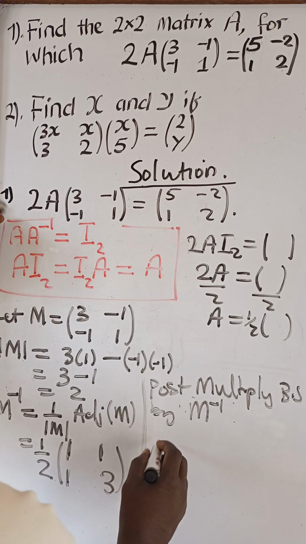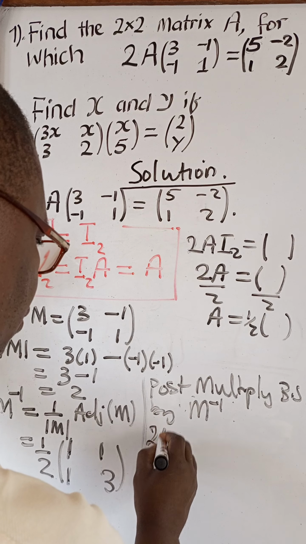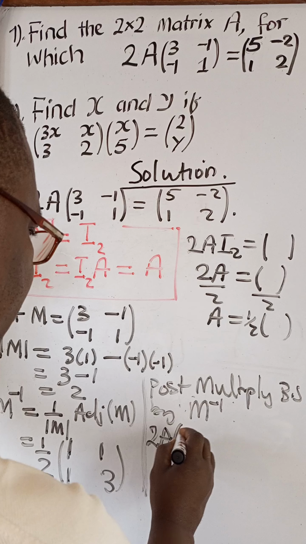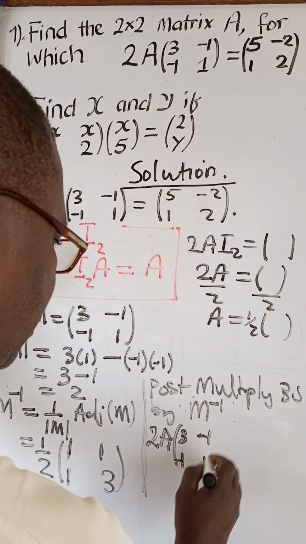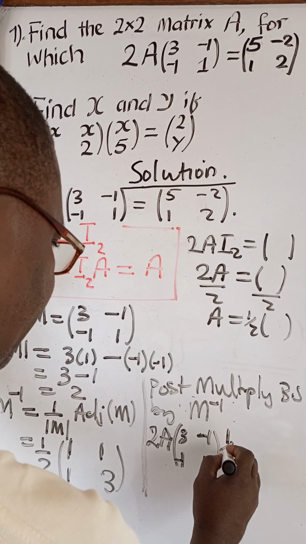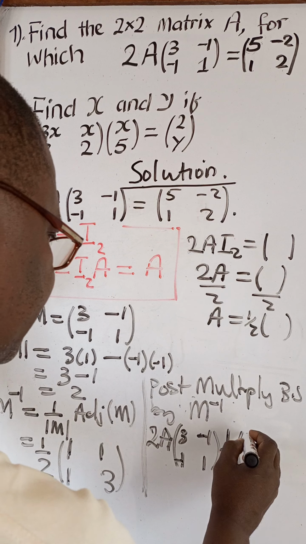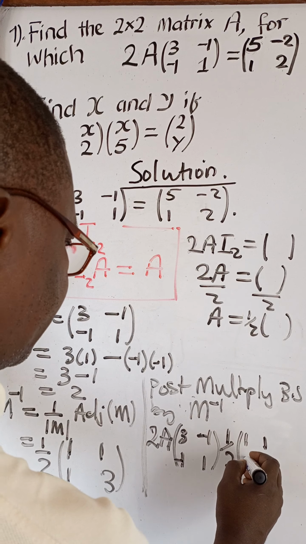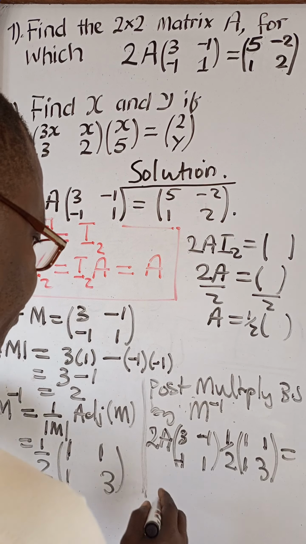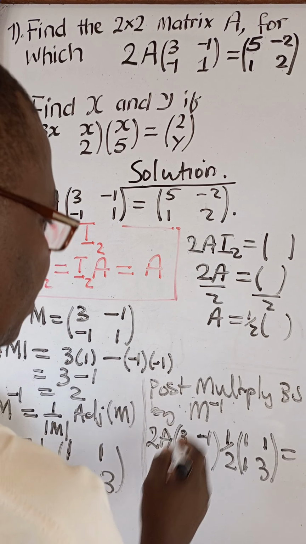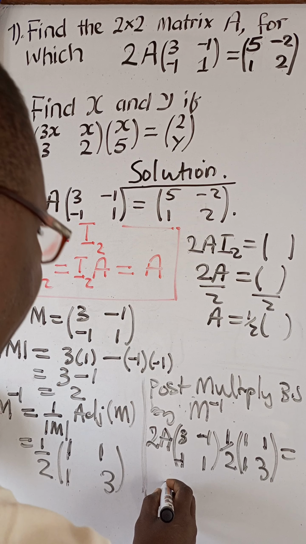What we have will be 2A, [3, -1; -1, 1], multiplied by the inverse [1, 1; 1, 3], equal to, we post-multiply this other side by the same inverse.